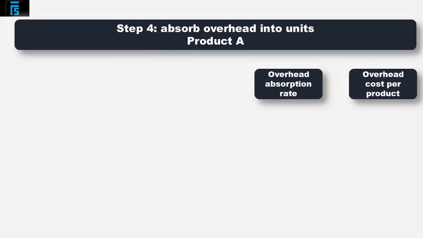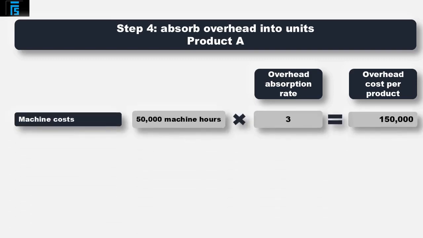In step 4, we use the overhead absorption rate, as calculated above, to absorb costs from each cost pool into the units of production. This will calculate the overhead cost per unit. So, for product A, machine costs of 150,000 are absorbed, being 50,000 hours at $3 per hour.